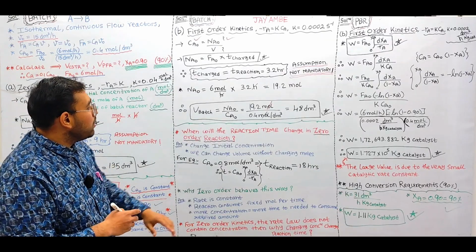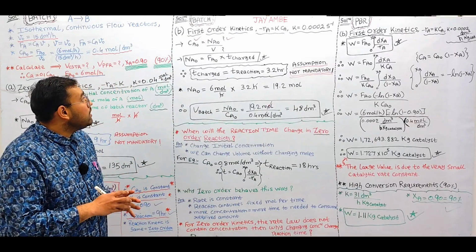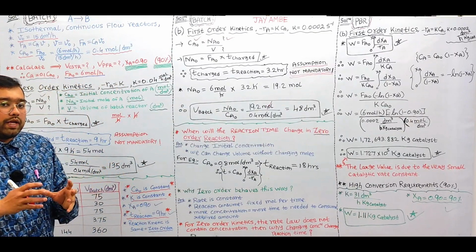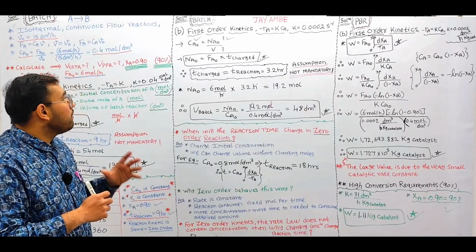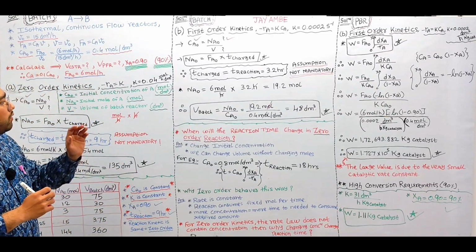I hope you have understood. So here we have completed the calculation of the volume of the batch reactor for first order reaction kinetics. I hope you have understood, right? So I request you to please make all the notes.